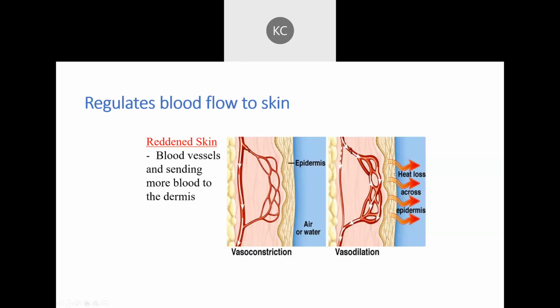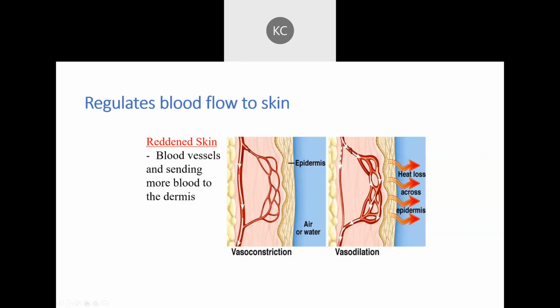They come closer to the surface, and by coming closer to the surface, some of that heat is able to be lost through the skin, through the epidermis, and so this helps to lower our body temperature. Conversely, during times in which we want to retain heat, we'll have more blood stay deep within the dermis, less come to the surface, and so we have less loss of heat through the skin.